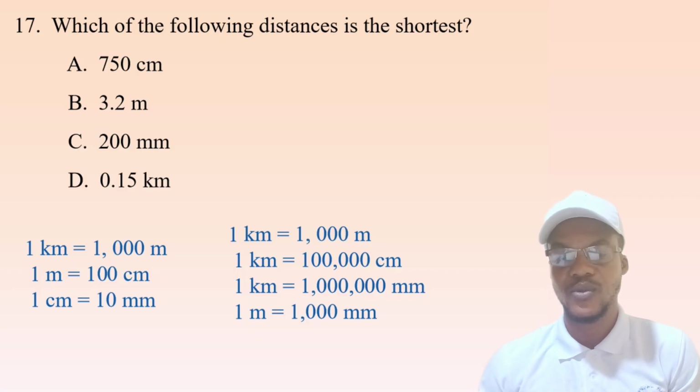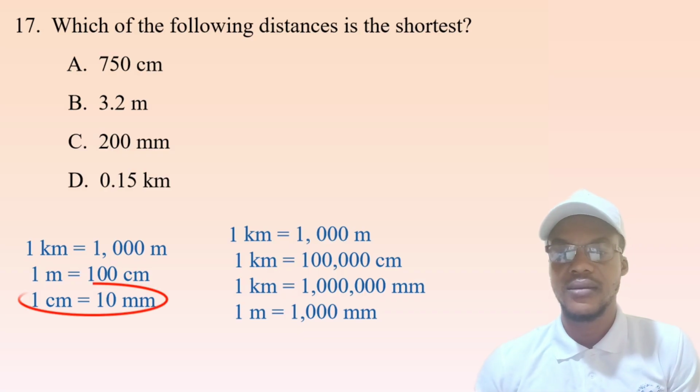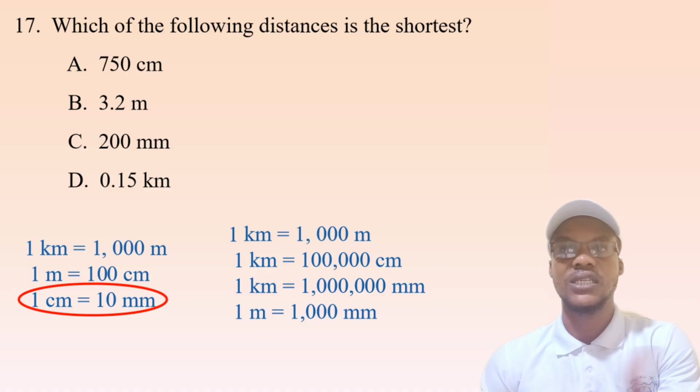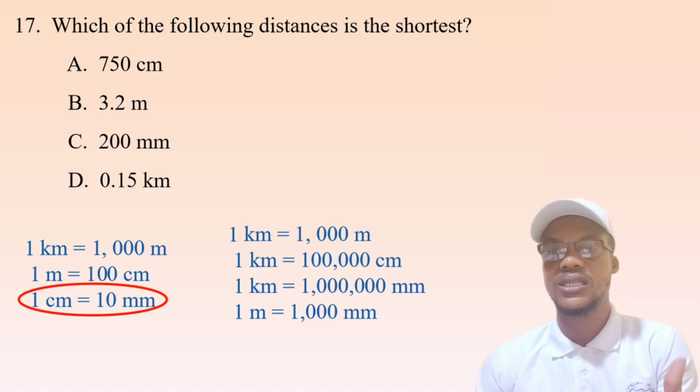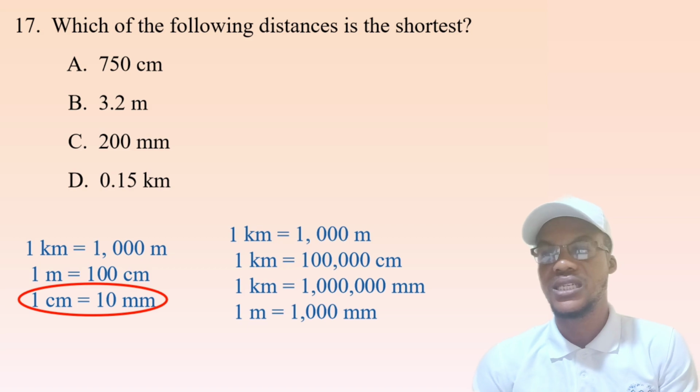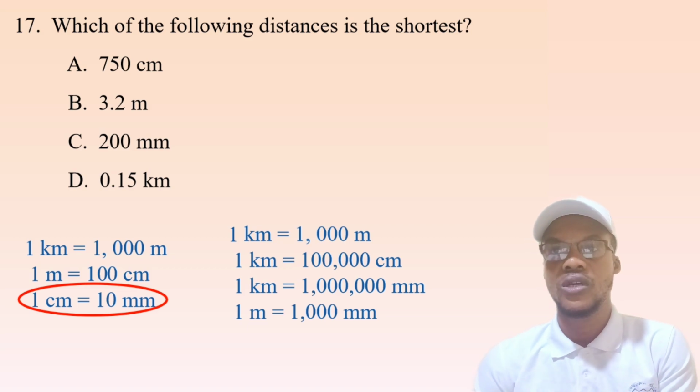So now you should be able to tell how many millimeters give 1 centimeter, and that is 10 millimeters. Since 1 centimeter is bigger than 10 millimeters, we are changing from a bigger unit to a smaller unit.